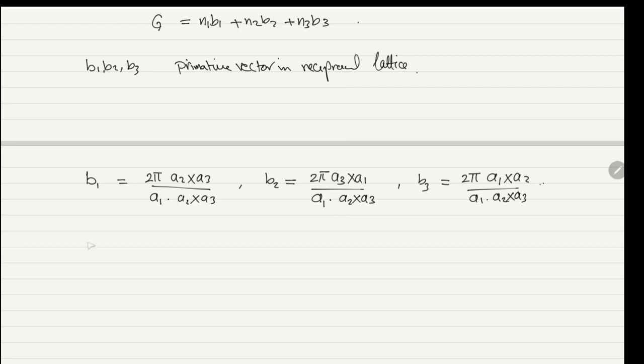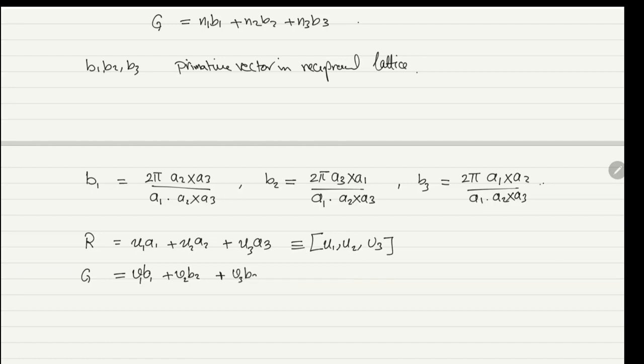In general, R is defined as U1 A1 plus U2 A2 plus U3 A3, or equivalently, in square brackets, U1 U2 U3 here, and G generally is defined as V1 B1 plus V2 B2 plus V3 B3, or equivalent to V1 V2 and V3.